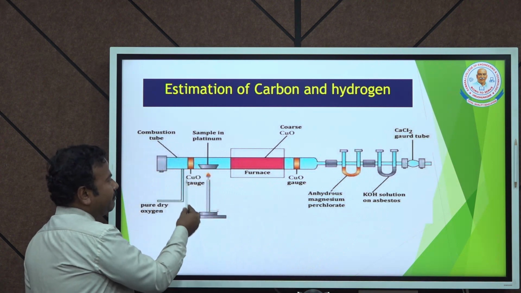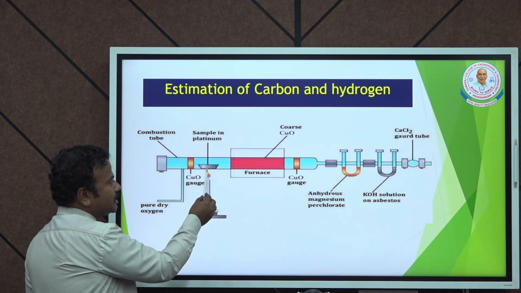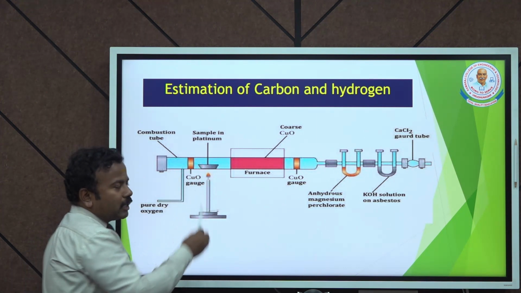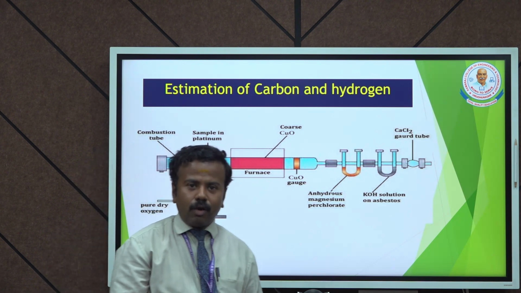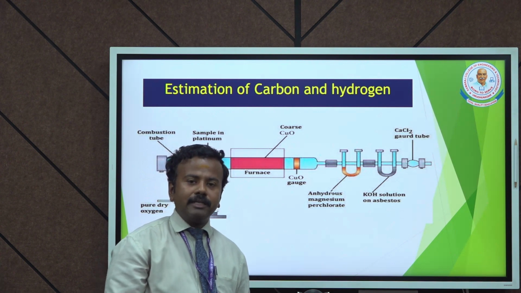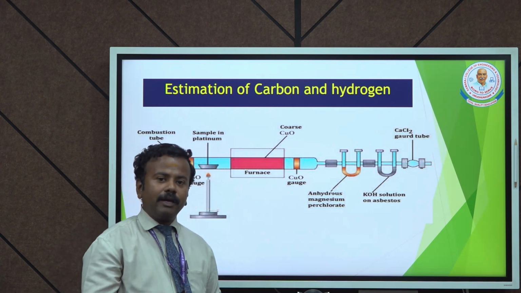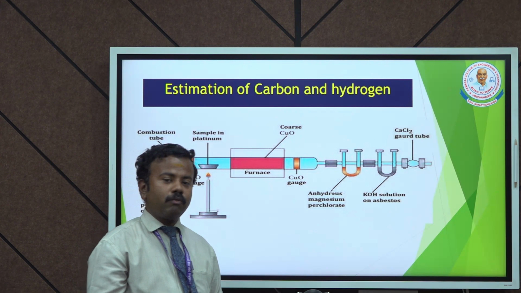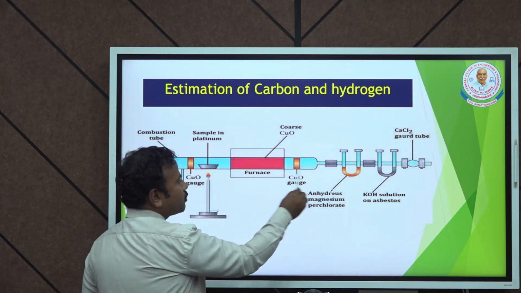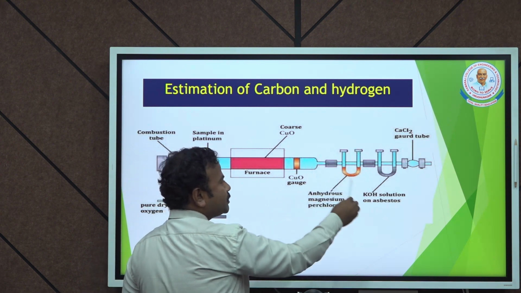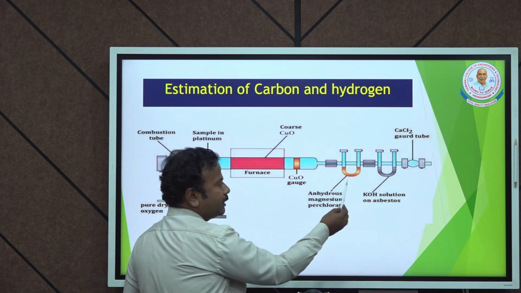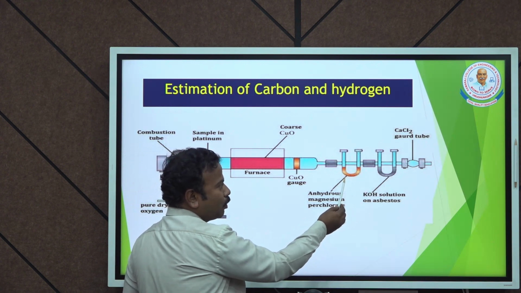When we burn the coal sample in the crucible in the current of oxygen, all the carbon reacts with the oxygen to produce carbon dioxide, and all the hydrogen reacts with the oxygen to produce H2O vapors, which evolve in the combustion tube. Finally these are absorbed by the KOH tube of known weight and the anhydrous calcium chloride tube.